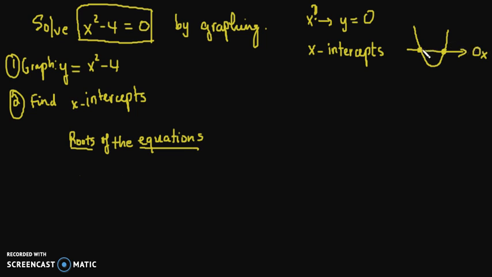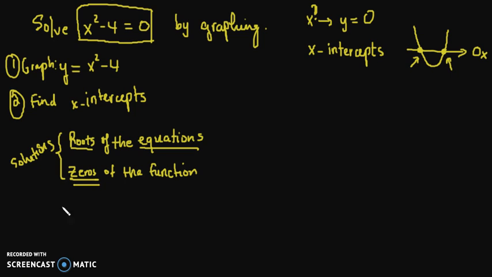But when you talk about the graphing language, it's called the zeros of the function, because the zeros here are the x values or the x-intercepts that make y equal to 0. Both ways of saying it represent the solutions of the equation.